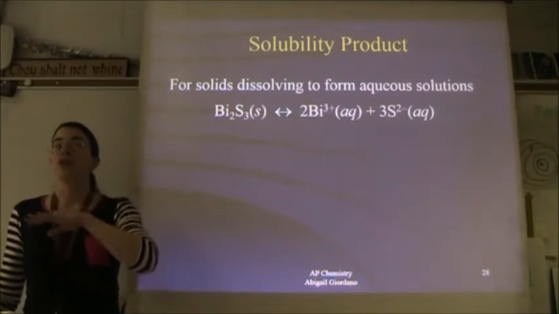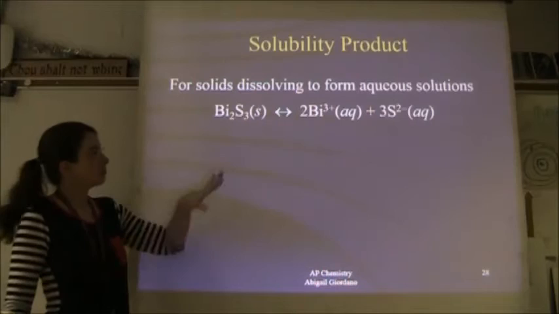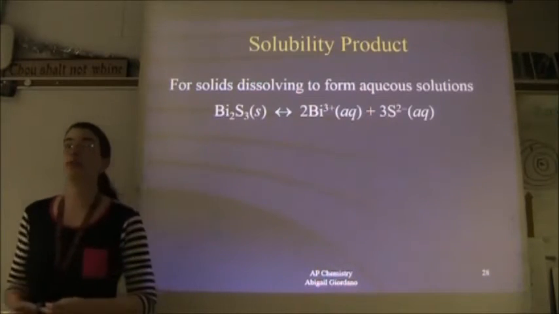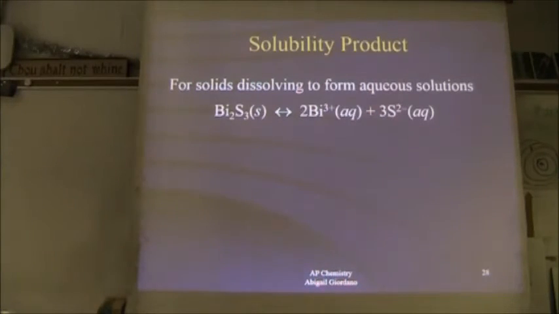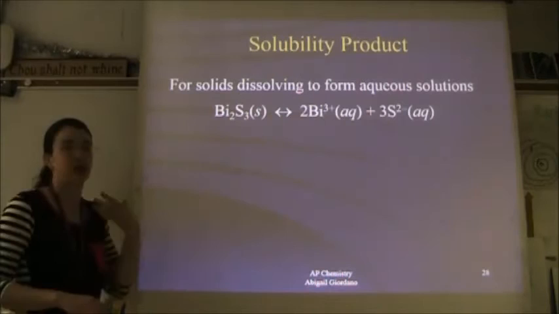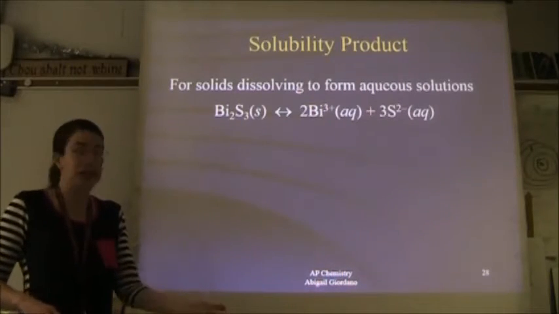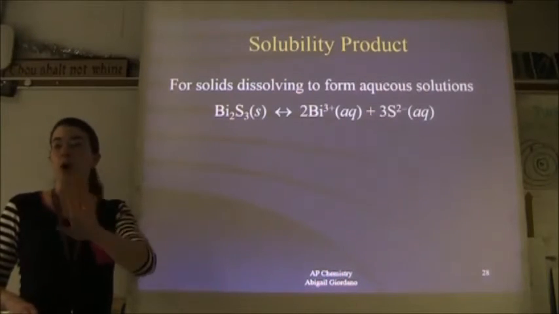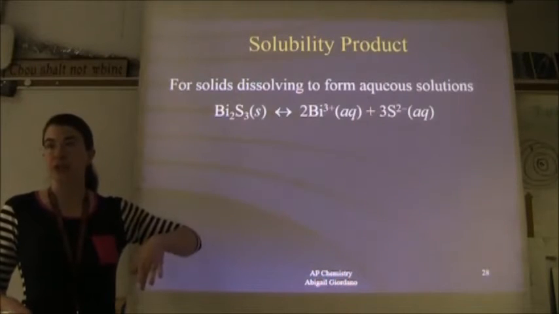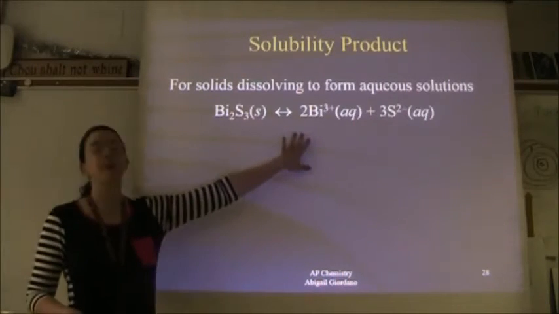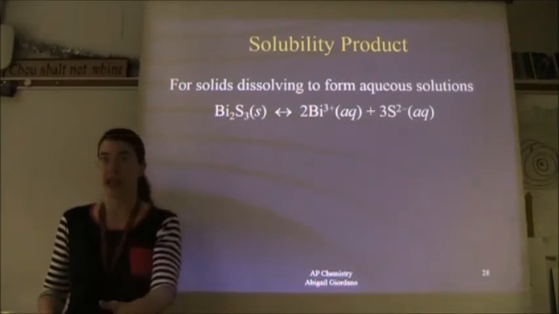I want you all to notice that this equation had to be balanced. We have not had to worry about balancing equations for like a month, because all of our acid-base reactions, just the nature of how they do, they're always in 1-to-1 to 1-to-1 ratios. So we haven't even had to think about balancing in a while. Today we do.